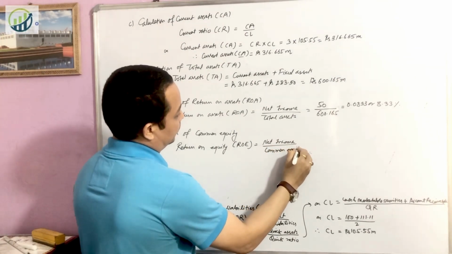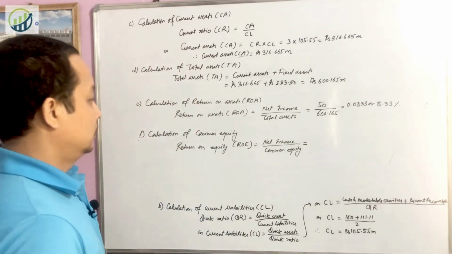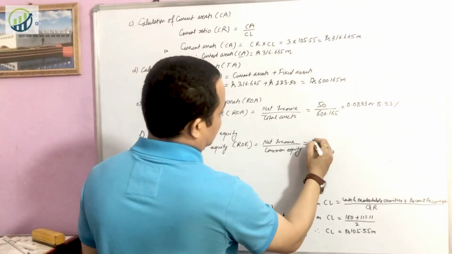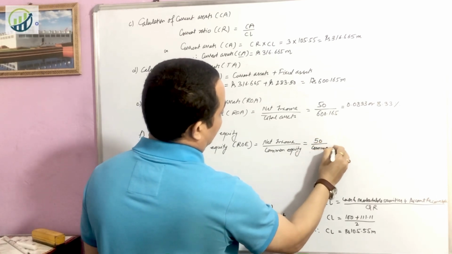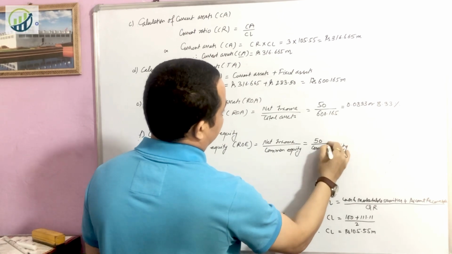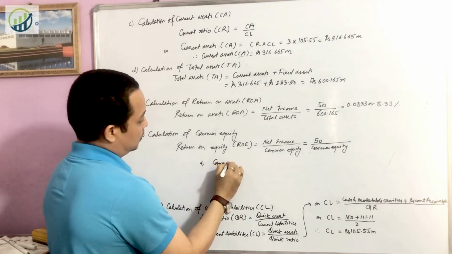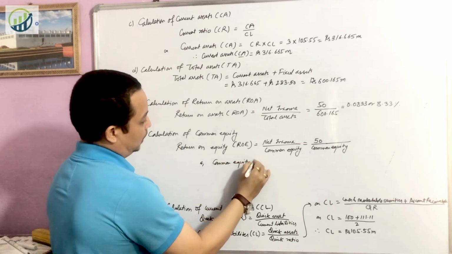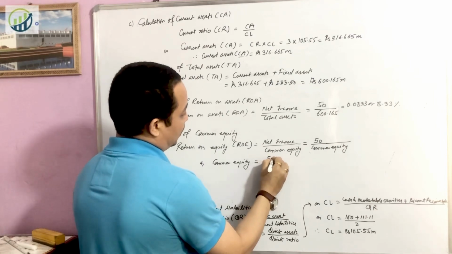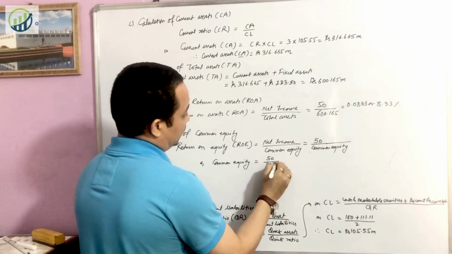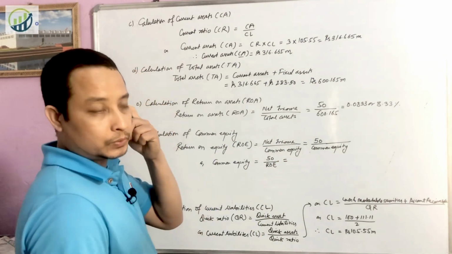So net income is 50 divided by common equity, or common equity equal to 50 upon return on equity. In the question, return on equity is 12%.